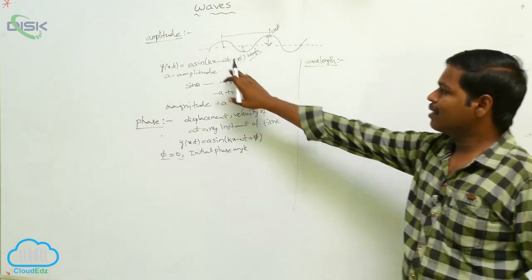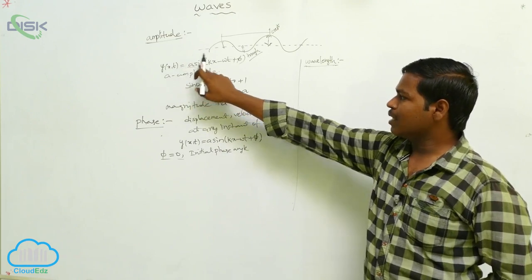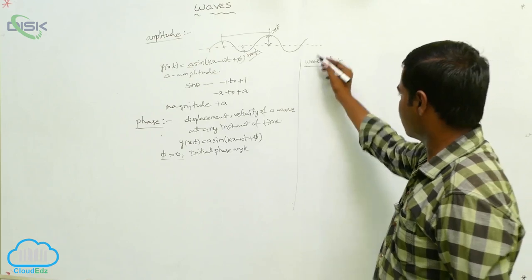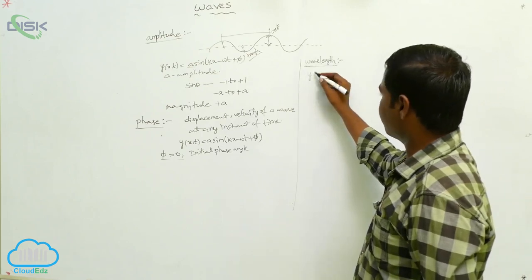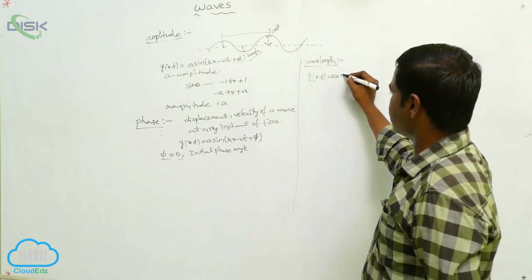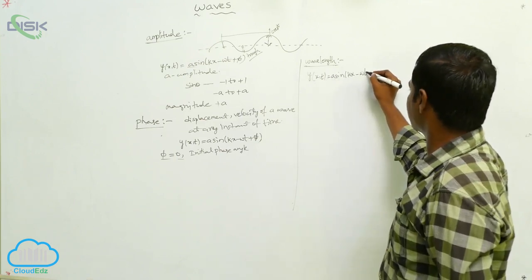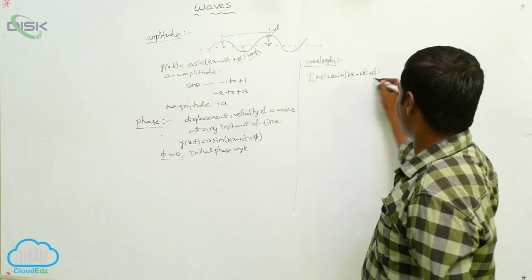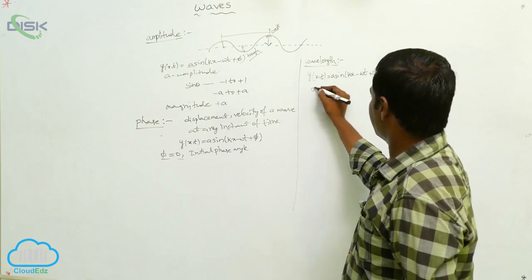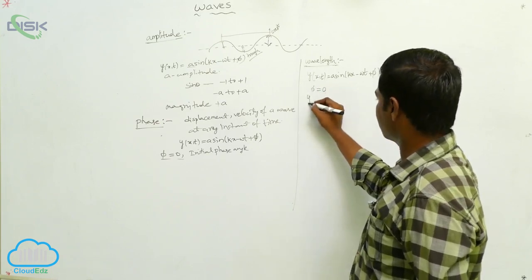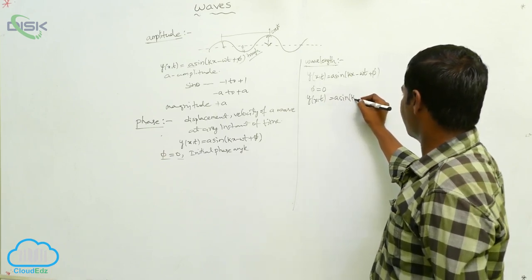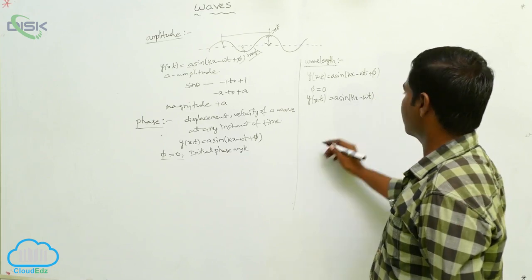Already we know this displacement relation is a periodic wave function, for example y of x comma t is equal to a sin kx minus omega t plus phi. Taking phi is equal to 0, y of x comma t is equal to a sin kx minus omega t.